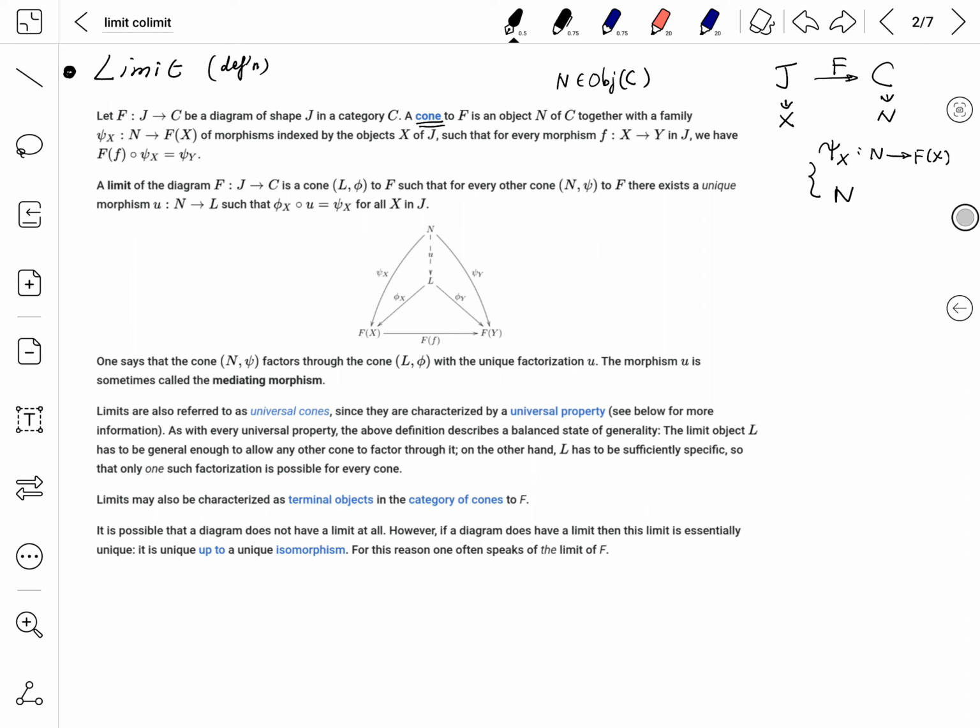Such that something is satisfied: for every morphism in J we require that this collection of morphisms satisfies the commutative diagram which is shown.